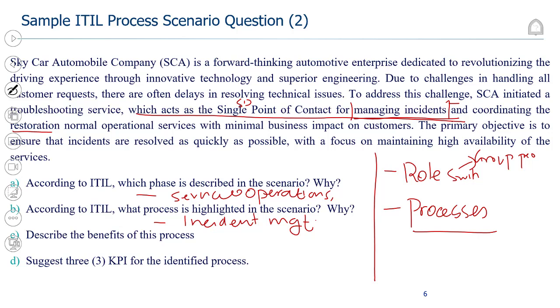So you can use the primary objective because, in incident management, the primary objective is to ensure that the incidents are resolved as quickly as possible with focus on maintaining high availability of the services, because that is what incident management is all about, okay?